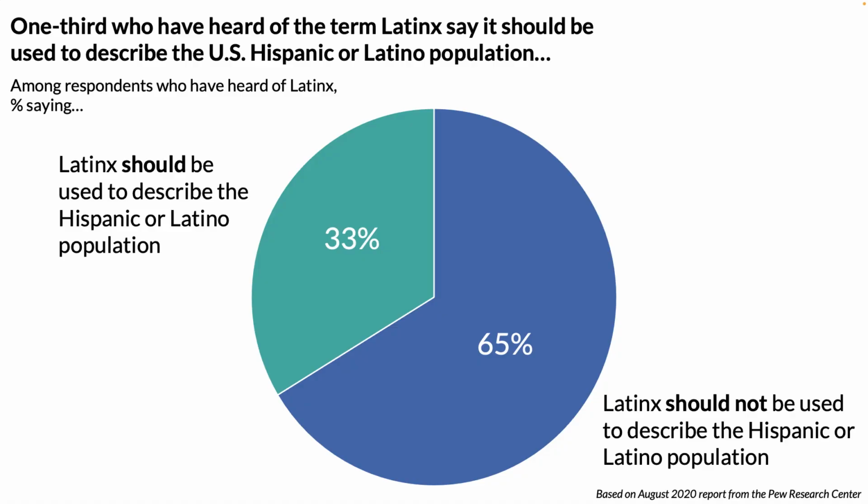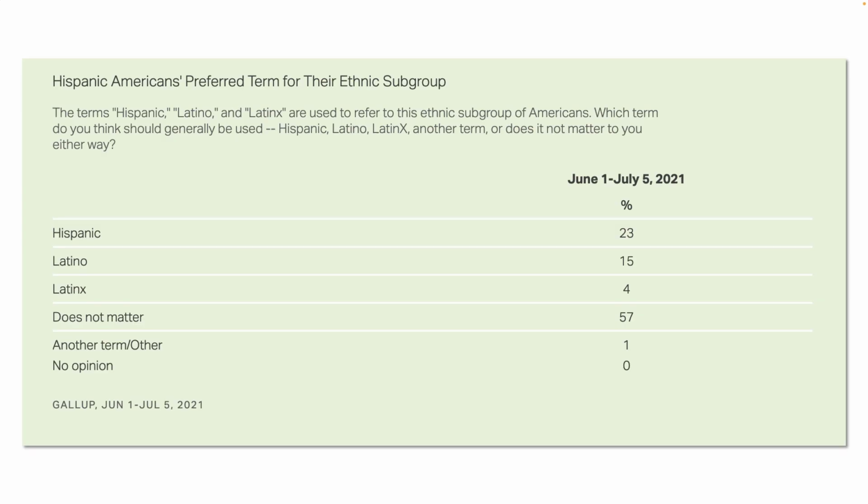In August of 2020, the Pew Research Center did a survey of people who identified as Hispanic and Latino and found that 2/3 of folks that they interviewed said the word Latinx should not be used to describe their particular group. About a year later, Gallup did a similar survey.